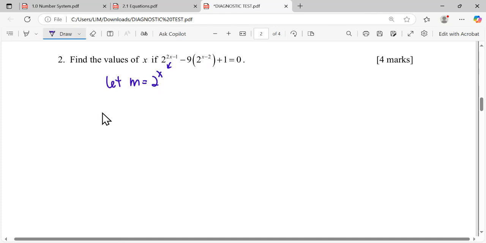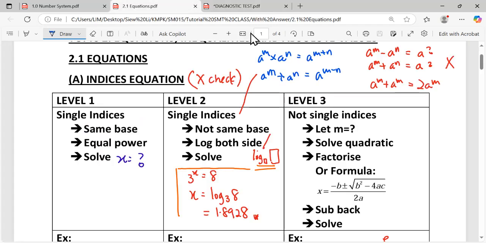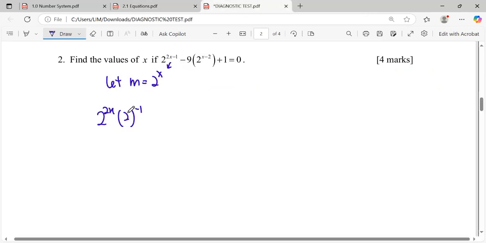Alright, so for this power here, we need to simplify. So we simplify, it will be 2 to the power of 2x times 2 to the power of negative 1. Alright, the powers add up together, which means it is in the operation times. Simplify it so that I can let the 2 to the power x here. Then minus 9, and then 2 to the power x times 2 to the power of negative 2, plus 1 equals to 0. Then continue.